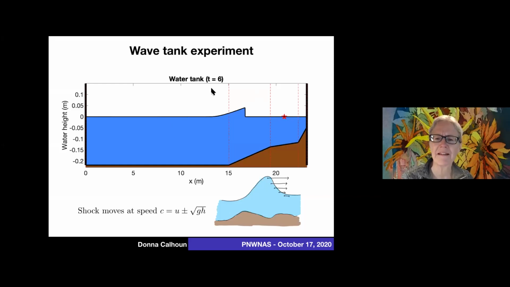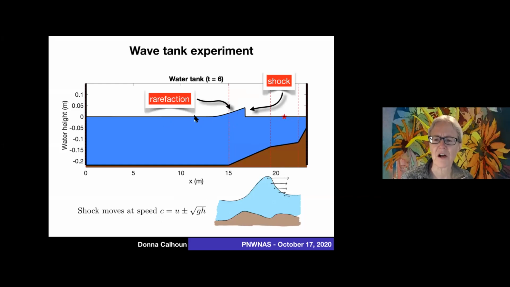What we see is that shallow water has this characteristic feature: it develops a shock at the leading edge, because the wave speed depends on height. For water that's fairly deep, we get faster speeds, and we get slower speeds in shallower depths. These faster speeds tend to overtake the lower speeds and develop shock fronts.